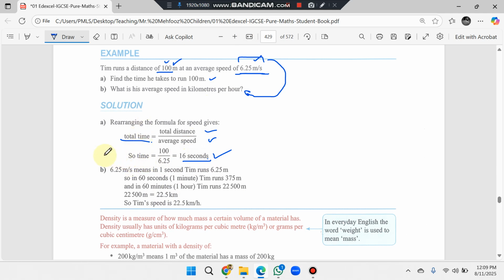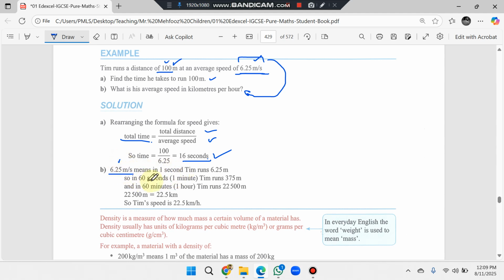In part B, you can see that 6.25 meters per second means that in 1 second Tim runs 6.25 meters. Per second means that in 1 second he covers 6.25 meters.